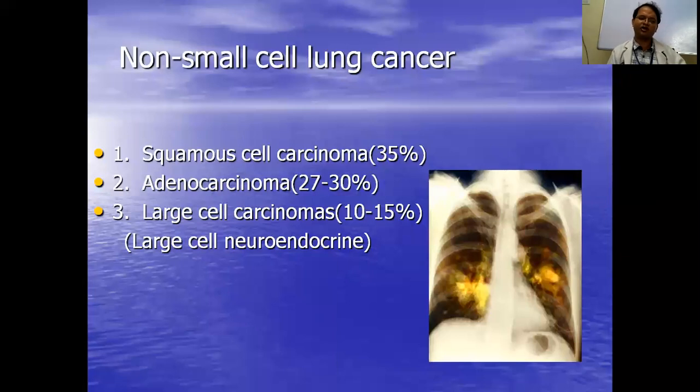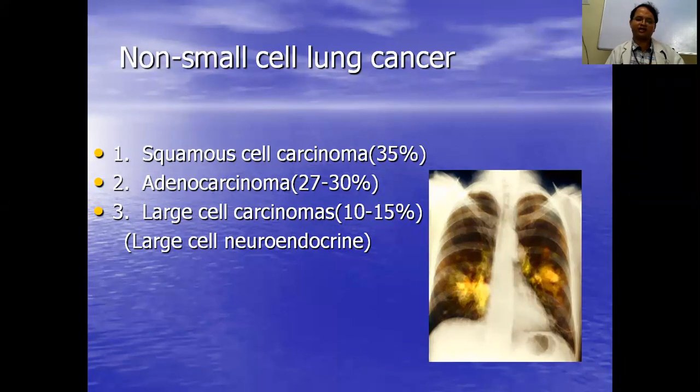Coming to the non-small cell lung cancer, there are 3 types of them. One, squamous cell carcinoma. This is the most common type of lung cancer. Among the lung cancers, the most common type is squamous cell carcinoma. They form 35% of the total lung cancers.